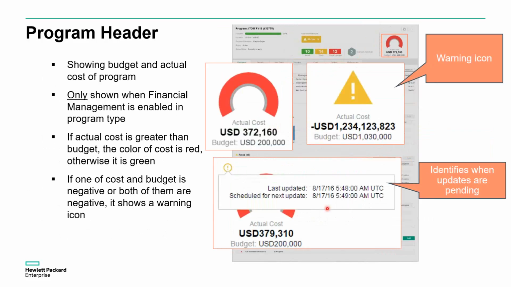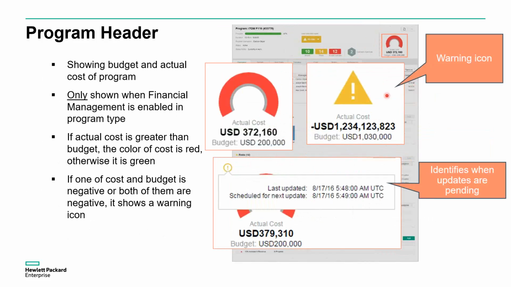Finishing out the program header, you're going to see an area that summarizes the financials. So financials here, we're seeing the actual cost, and down here, we're keeping the program manager or anyone who's involved completely informed on if there are updates pending to the financial information.